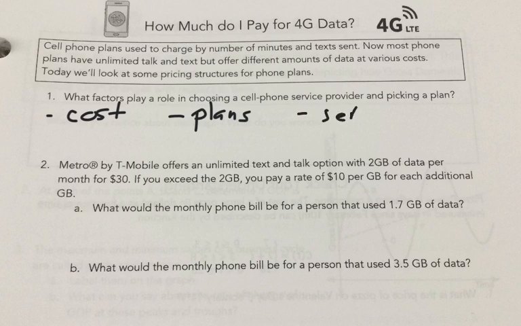Where you live, do you have one service provider that works better than the other? Used to, there were only a certain number of companies that would have different phone options.